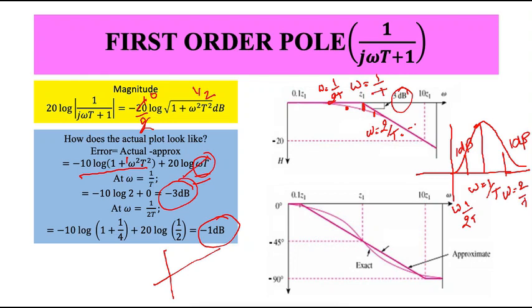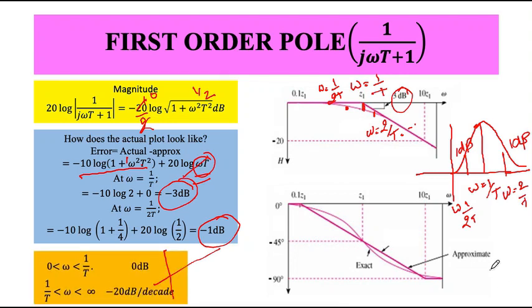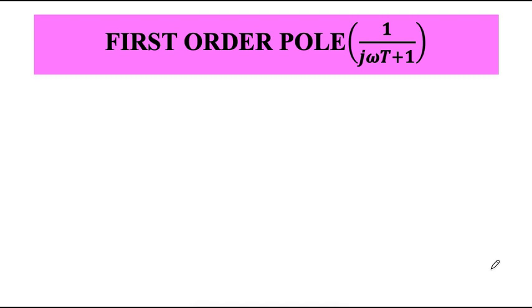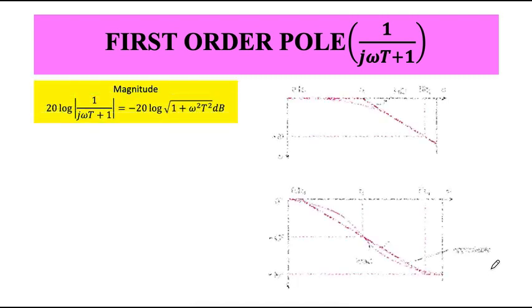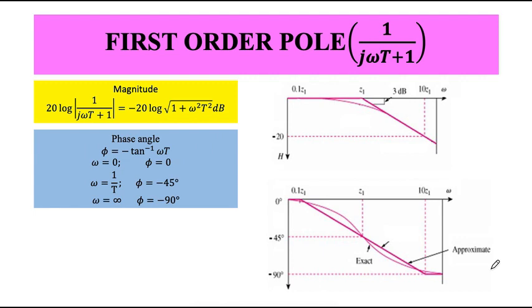Now we will see phase. So we will now come back to the phase angle. Phase angle is computed at omega equals 0. My phi is 0. If I put omega 0, minus tan inverse of 0 is 0. At omega equals 1 by t, my phi is 45. Then at infinity it's minus 90.